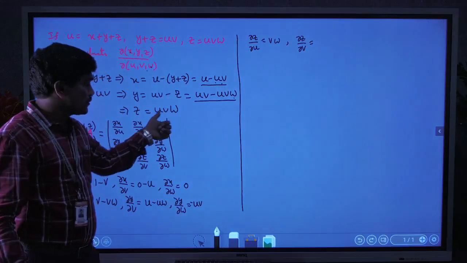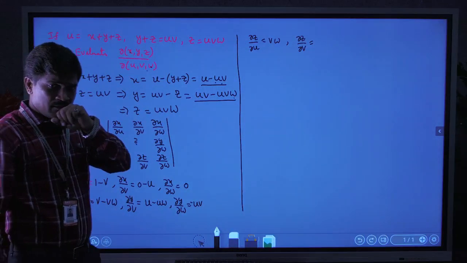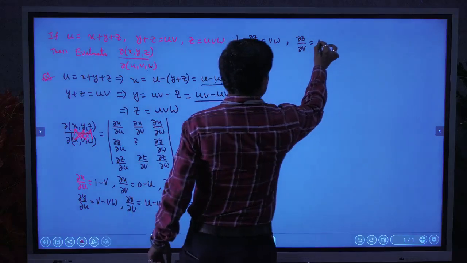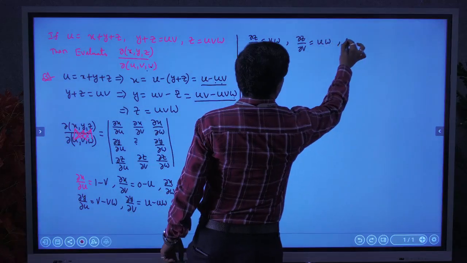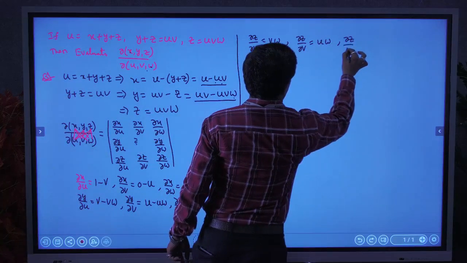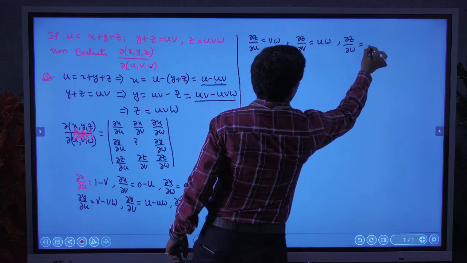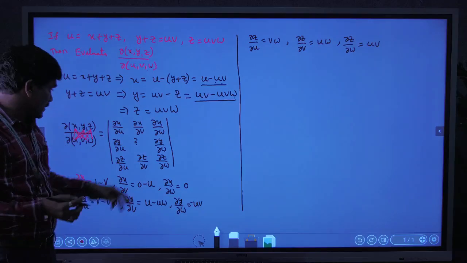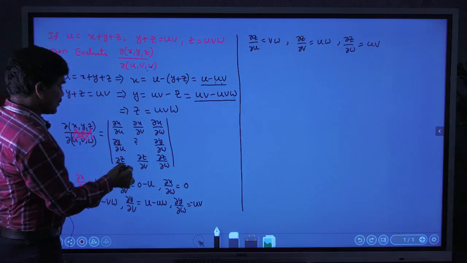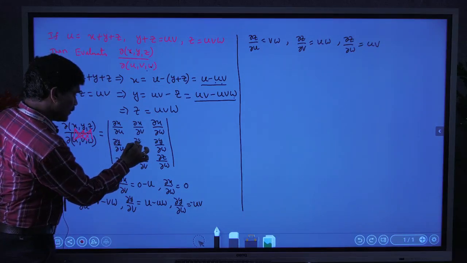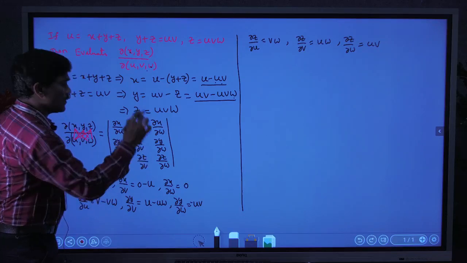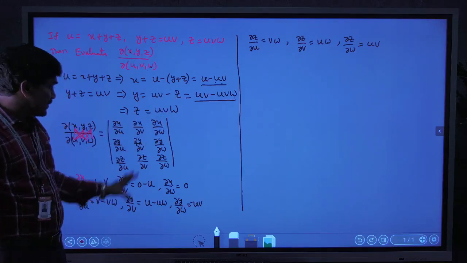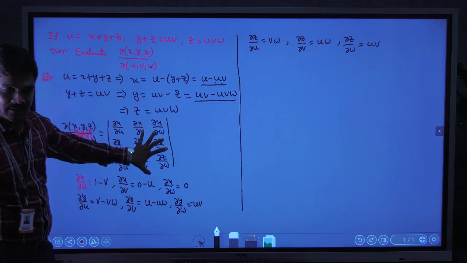Here uw is constant and the v derivative is 1. Next, ∂z/∂w with respect to w, here uv is constant and the w derivative is 1. So finally we get these values, right? Now substitute these values in this determinant, right?